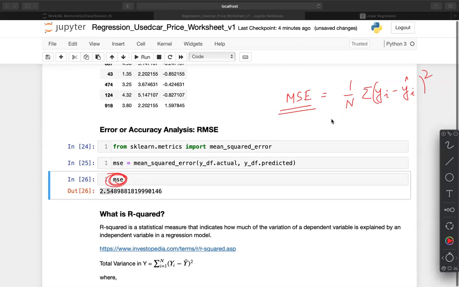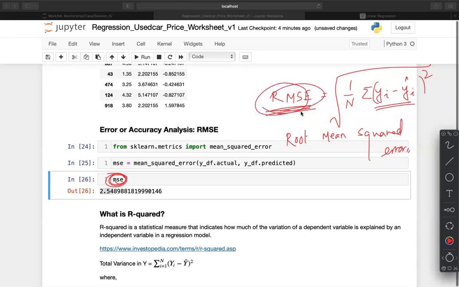So what we do is, once you calculate MSE, we take a square root of it to bring it back to the original unit. We call it RMSE, root mean squared error. Because there's a difference between the price, at an average we can get what error we make in terms of price.